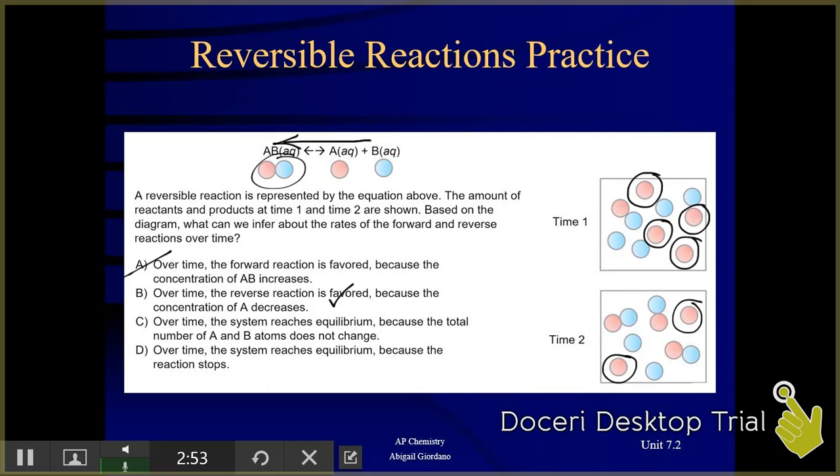We have no way of knowing if this has reached equilibrium, so I'm going to eliminate answer choice C. Answer choice D says over time the system reaches equilibrium because the reaction stops. We know that's definitely not true because reactions don't ever stop, really. So answer choice B is my answer.